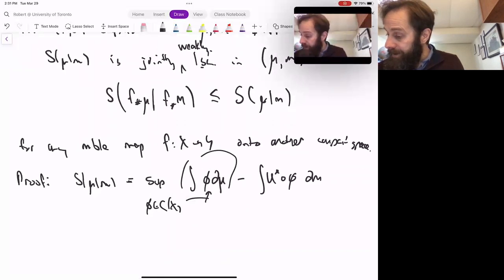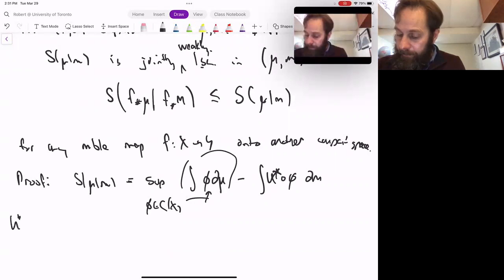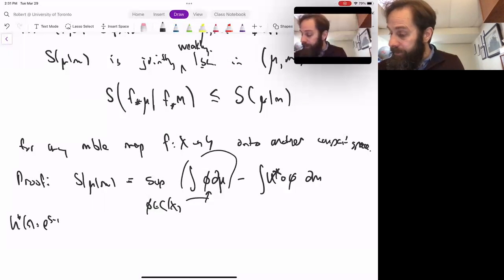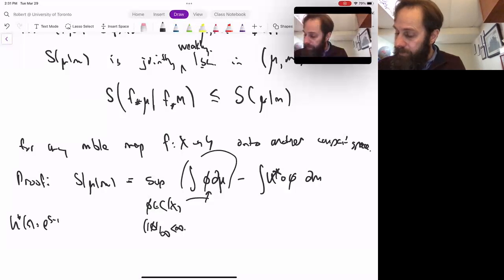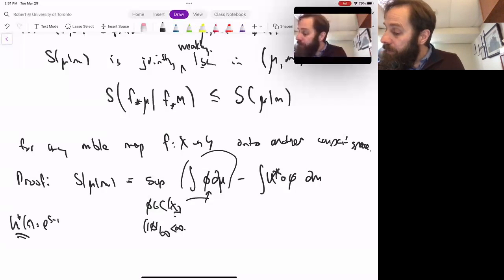M doesn't appear. And u star is also continuous, right? U star was exponential of s minus 1, and phi is going to be bounded. The spaces come back, so continuous functions are bounded. So this is going to be a continuous bounded function on the range of phi. So this is weak star continuous with respect to m, and mu doesn't appear.